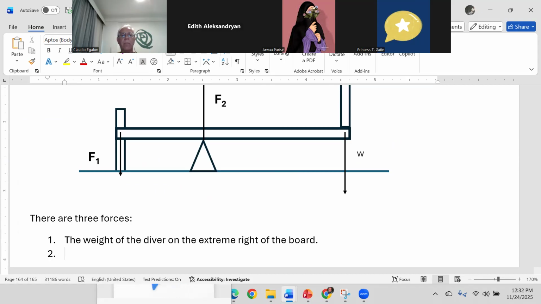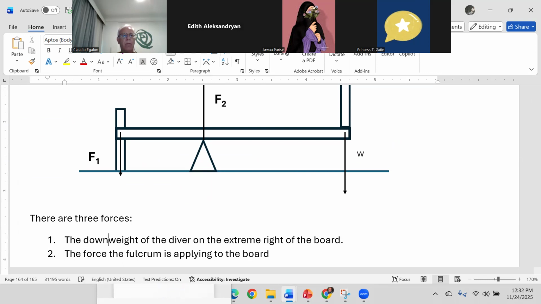Two, the force the fulcrum is applying to the board. The downwards weight.